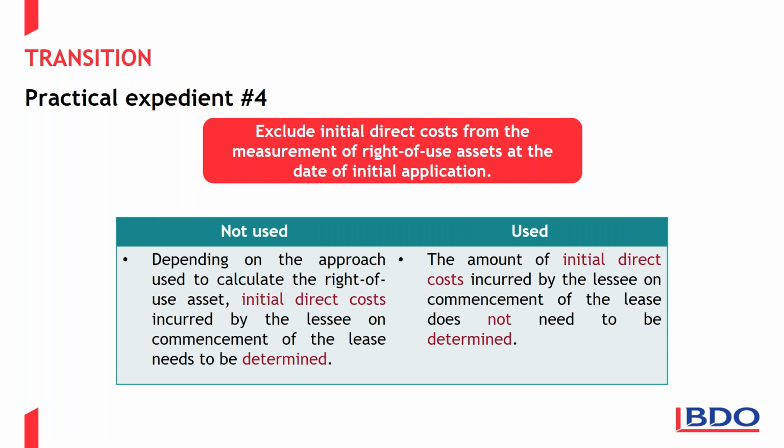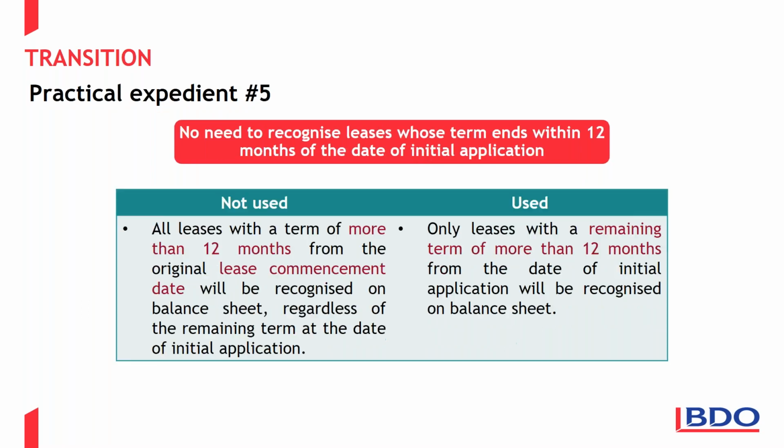So if it's not used, depending on your approach to calculate right of use asset, your initial direct cost incurred by the lessee on commencement of the lease needs to be determined. However, if you use this, the amount of initial direct cost incurred by the lessee on commencement of the lease does not need to be determined. To be honest, all our clients prefer to use this practical expedient because maybe they don't have adequate records to go back to the initial direct costs.